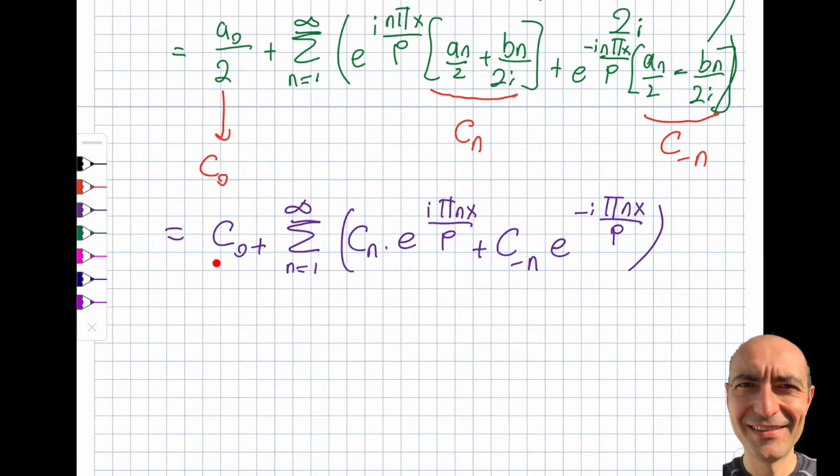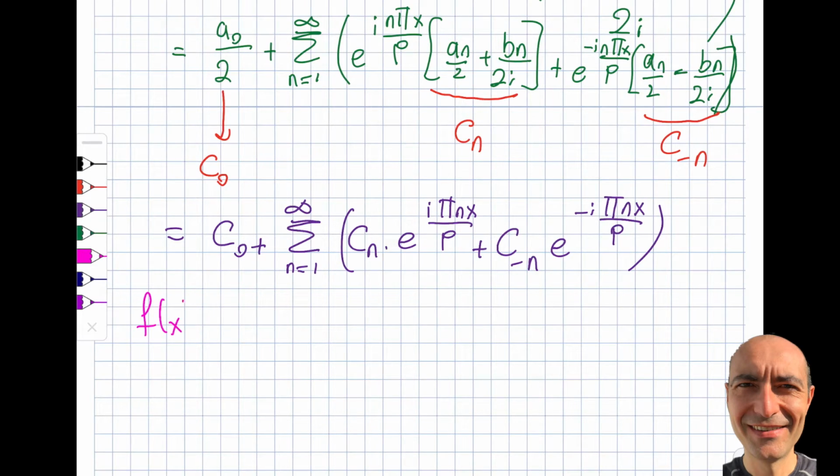And I even have a C0 term. If I put n is equal to 0 over here, what will happen to this term? This will be 1. Okay? So what I mean is, this is the zeroth Fourier series expansion coefficient, this is the plus ones, and these are the negative ones. So I can combine all three of them into one single expression, which I think you will appreciate.